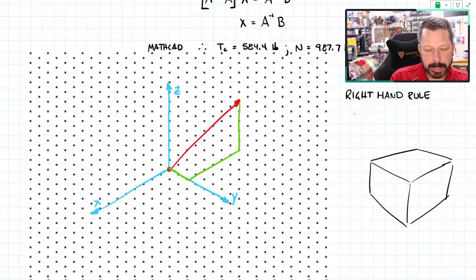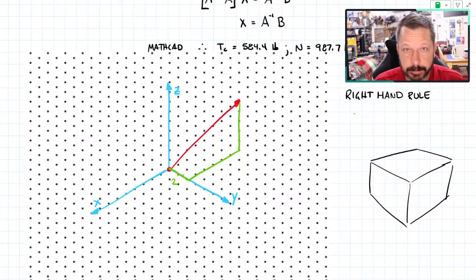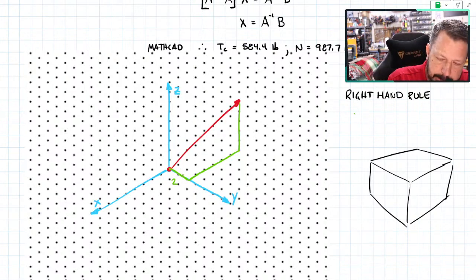So in my y direction, I actually went 2 dots, so whatever the dots are worth, inches or meters or millimeters or whatever. In the x direction, I went 1, 2, 3, 4, 5, 6, but I went in the negative x direction, so that's negative 6. And then 1, 2, 3, 4, 5, I went up 5. So this endpoint right here would have the coordinates x would be negative 6, y would be 2, and z would be 5.